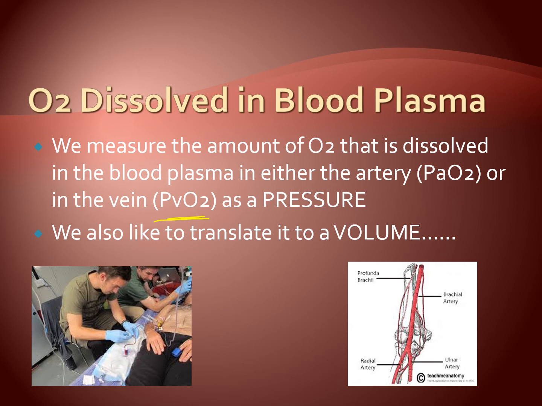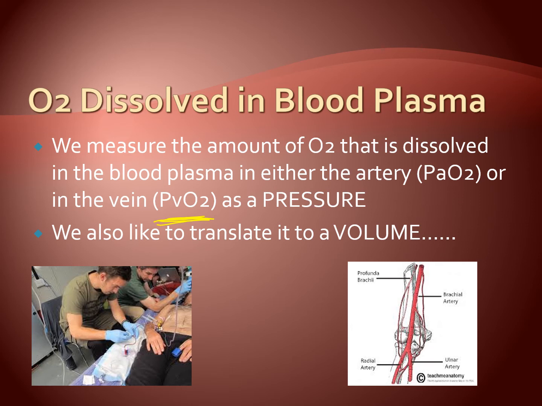So when we're looking at PVO2, when we're looking at pressure of venous oxygen, the pressure of venous CO2, or pH of the venous system, we're looking at a central location like a vena cava or something like that. You're not going to draw it from a peripheral IV, okay?